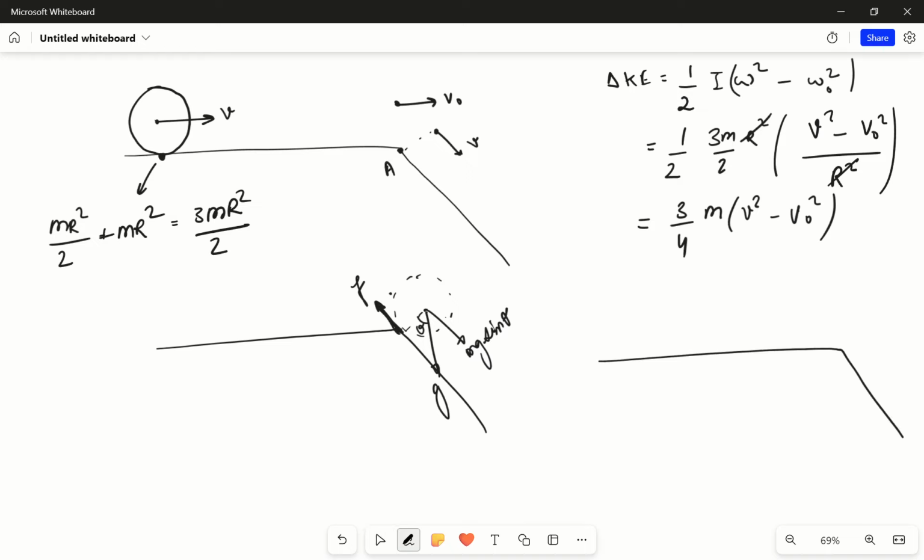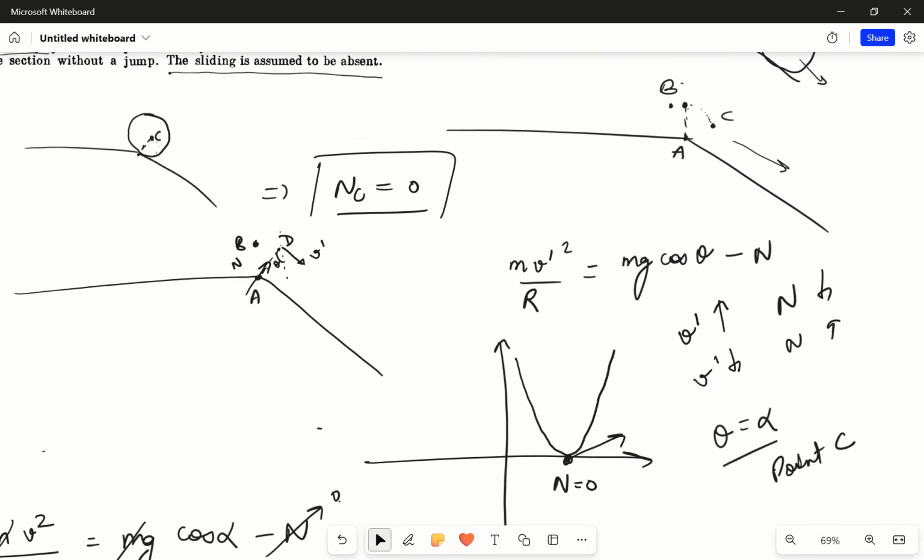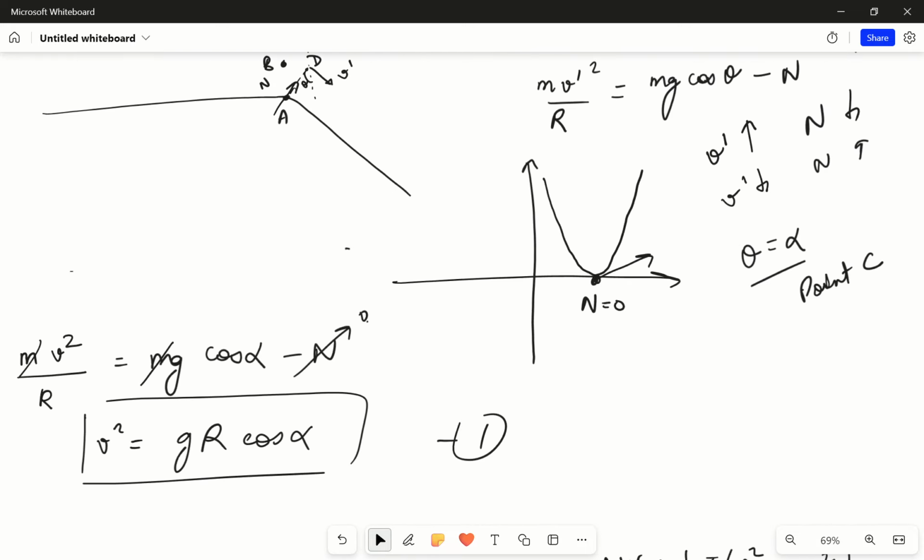To calculate the work done, we can see the change in position of the center of mass, right? Work done by gravity. This position was B, this position is C, and this point is A, and what we are given is, I guess, this angle was alpha, right? Yes, this angle is alpha.